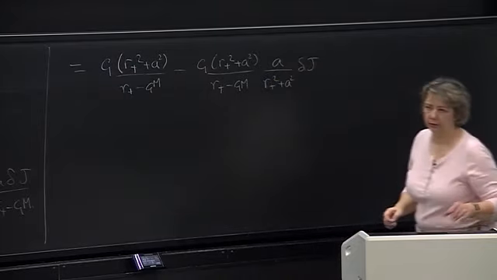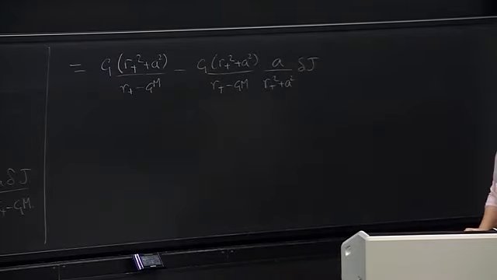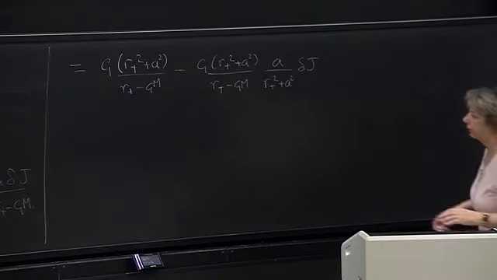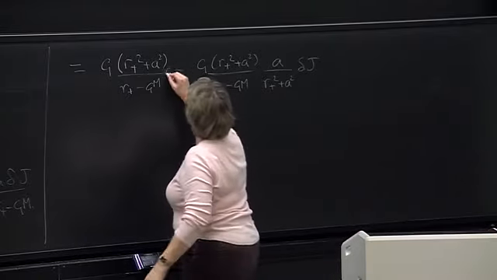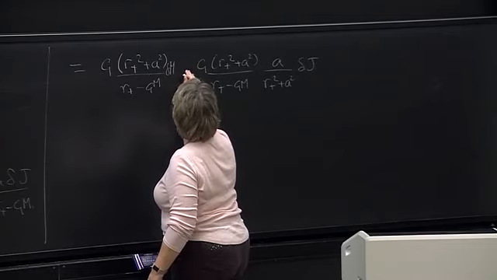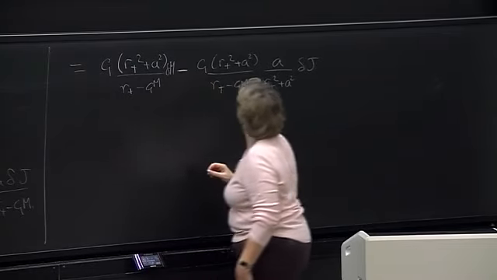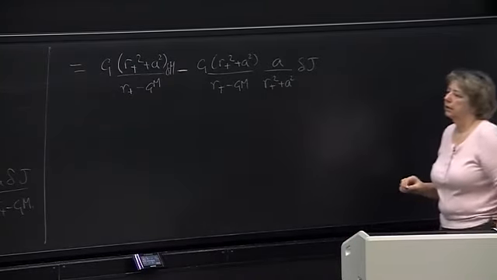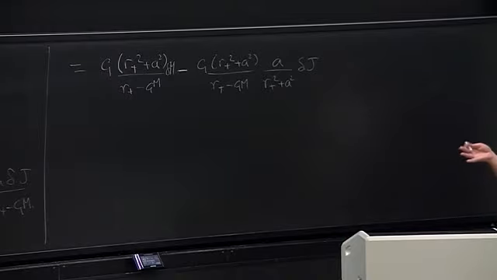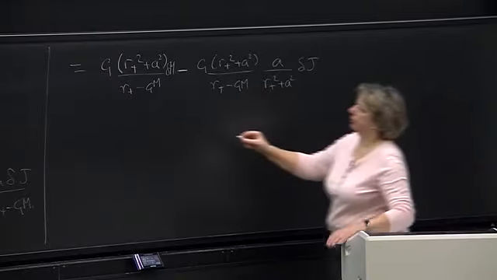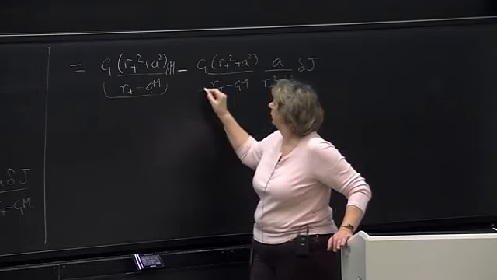So I've really just kind of written that slightly differently. Oh, I've lost my delta M. So I've written it a little differently to kind of pull out a common factor, if you like, here and here.